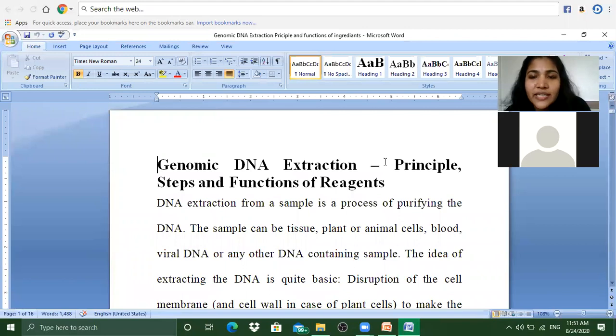So we have genomic DNA extraction, principles, steps, and functions of the reagents.